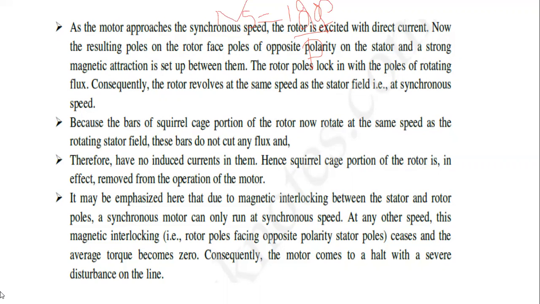Now, the resulting poles on the rotor face are of opposite polarity to those on the stator, and a strong magnetic attraction is set up between the stator and the rotor.